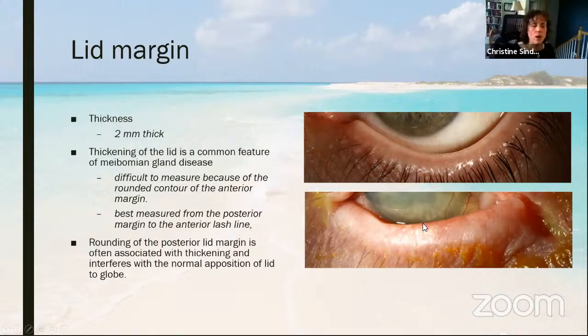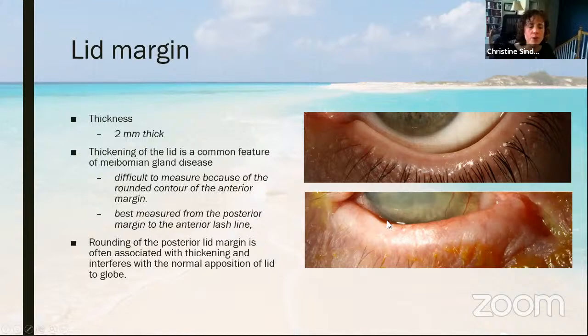When we start over time, with chronic insult to the eyelid margin, you're going to start to see this rounding effect. It's going to be hard to see where the back and the front of it is. So we really measure it from this posterior mucosal line to the eyelashes, but it gets sort of round and thick. The other thing that happens over time with meibomian gland dysfunction is that the lid itself does not fully oppose the globe.